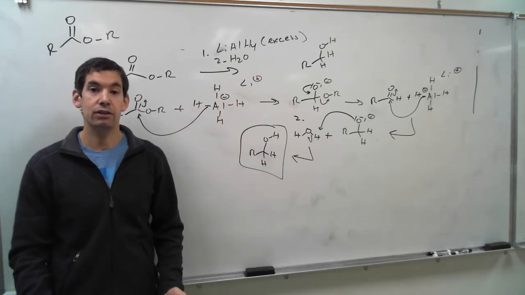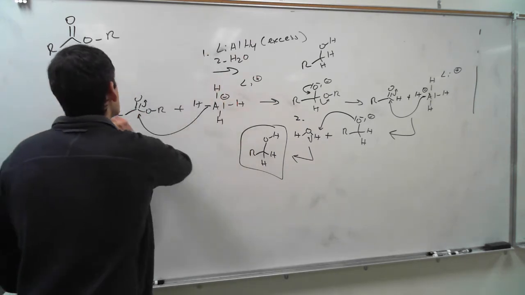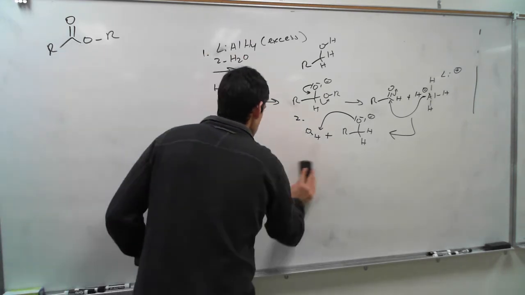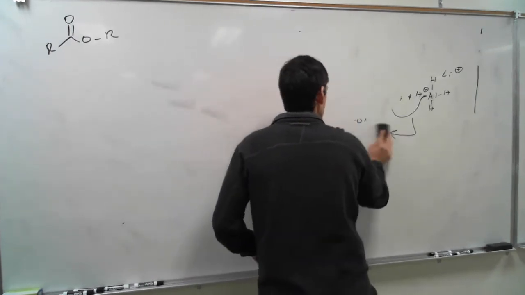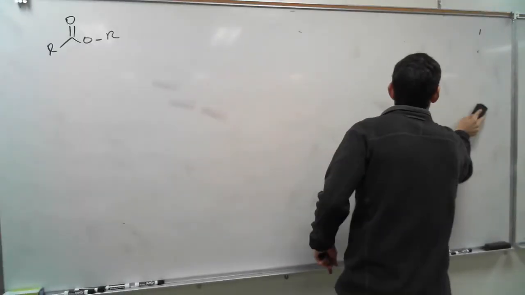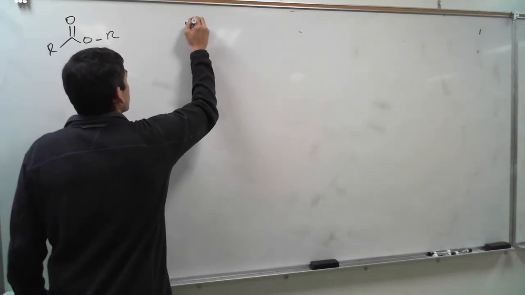What about with the Grignard reagent? What can we see with the Grignard reagent? Let's look at that. Again, with the Grignard reagent, it's the same reaction, same mechanism we saw with our acid chloride. So we're not going to spend much time on this one.